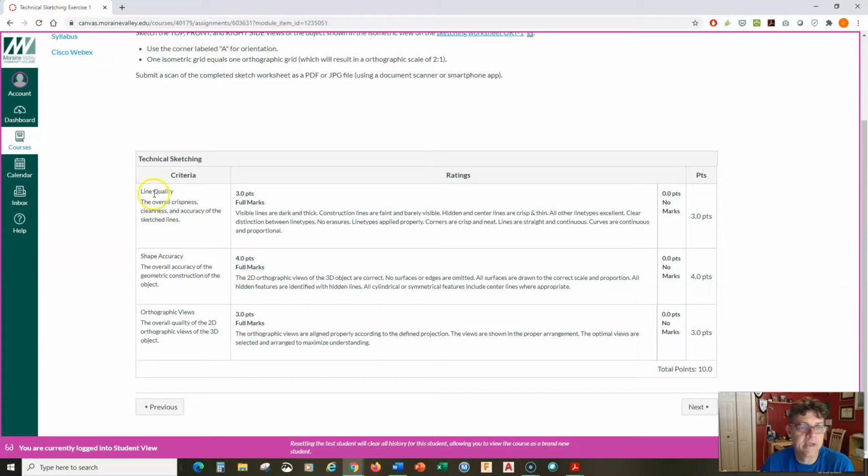But I would say that each of these 3 is basically going to be equally weighted. In order to come up with 10, given 3 criteria, I had to weight one a little bit more than the other. So you can consider these 3 criteria to be more or less equal in terms of weight, things that you should be looking at.